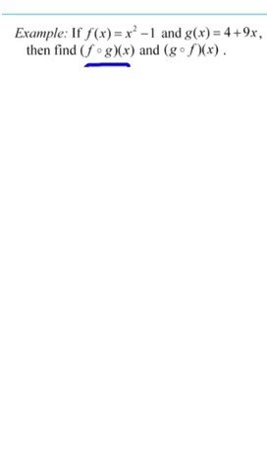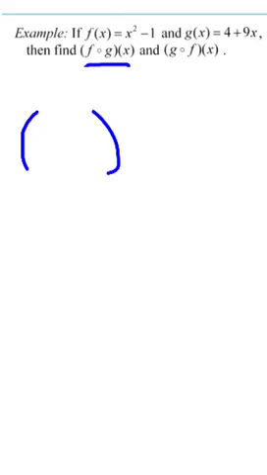All you need to do is take what g of x is and plug all of that into the x in your f of x. So we have, remember you're plugging in what g is in place of the x for f.